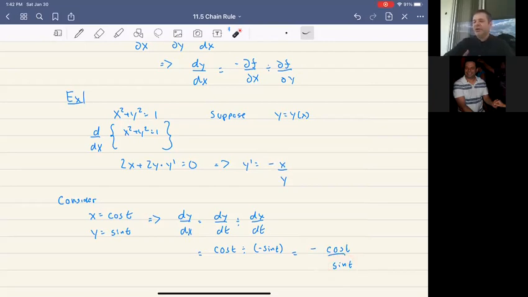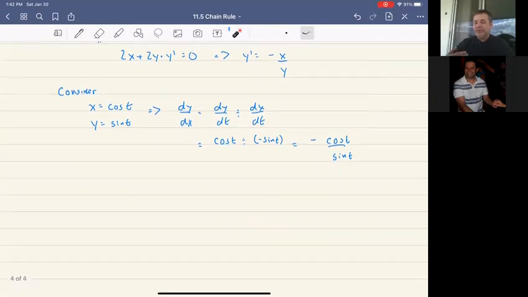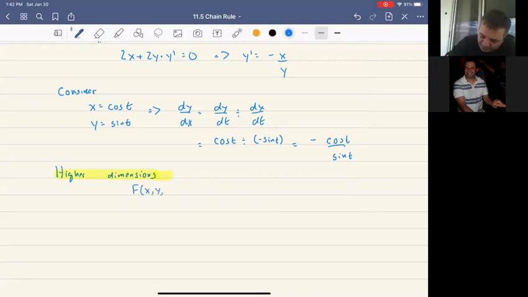We could also do this in higher dimensions. Let's say we have f of x, y, z equals c.